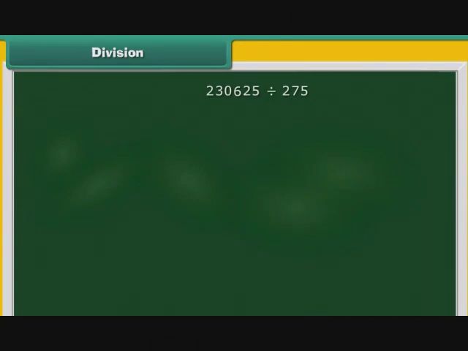Let us now learn to divide 230625 by 275. Write the two numbers down as shown. Take the first three digits of 230625 together. That is 230. 230 is too small to hold 275.